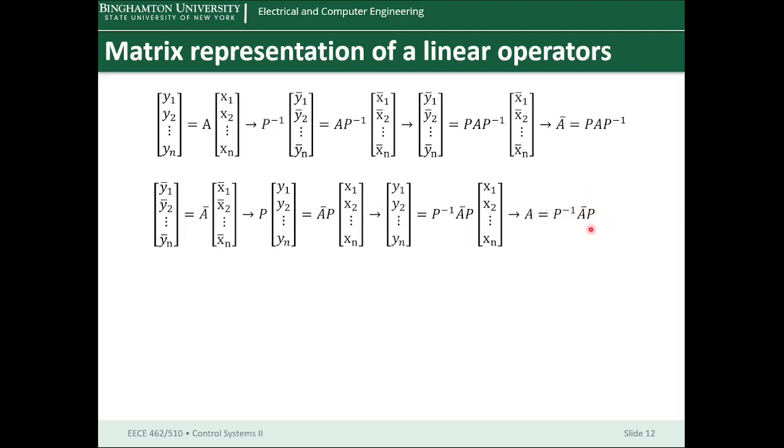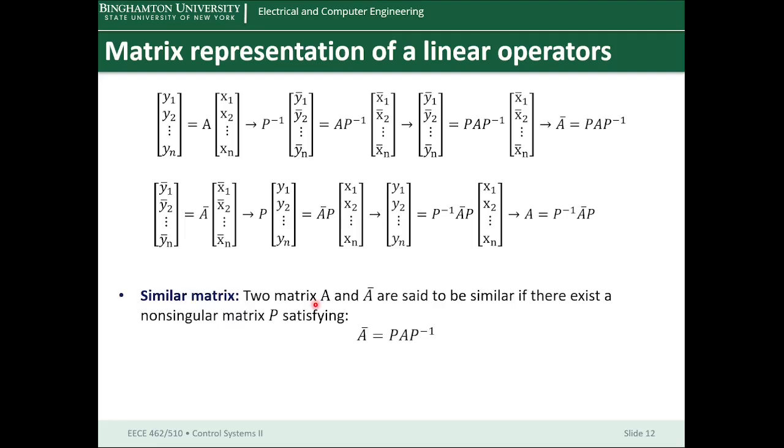So we now have a very important result. The matrices A and A bar are related by the equation A bar equals P times A times P inverse, and equivalently A equals P inverse times A bar times P. This relation is so important that it has a special name in linear algebra.